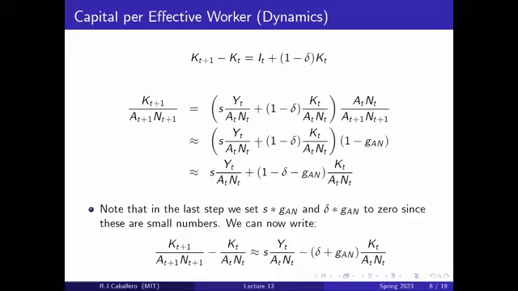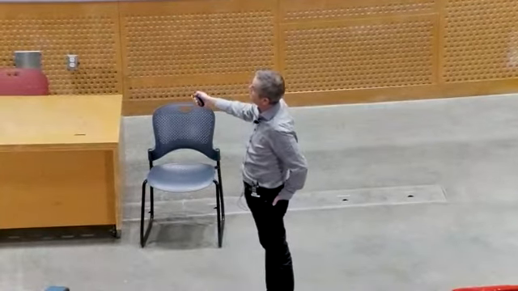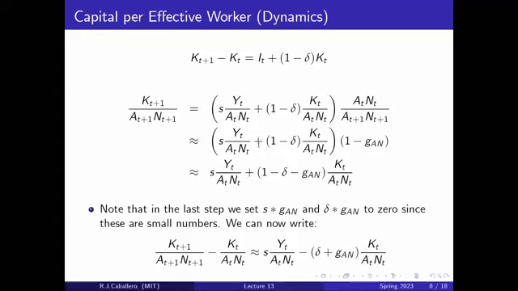That doesn't change. But what I'm going to do now is, rather than dividing by N, I'm going to divide by A times N, the same as I did earlier in this lecture. So I get capital per effective worker on the left-hand side. I don't like what I get here, but you know that I can divide and multiply by AN over AN.